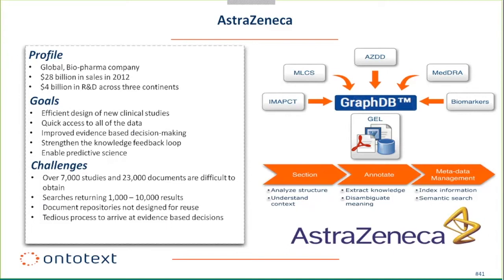As some of you may know, when testing new drugs in clinical trials, all pharma companies have to make their information freely available. It's imposed by government regulations. And for this reason, there are massive amounts of knowledge of such clinical trials.